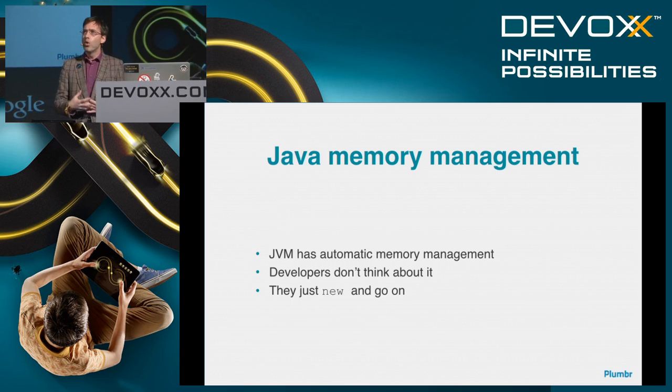One of the selling points of Java 20 years ago was automatic memory management, which means that you do not need to write your mallocs and frees. You just allocate a new object. You don't allocate objects, you create objects. You make new objects, and that's it. And you know that the garbage collector will take care of that.